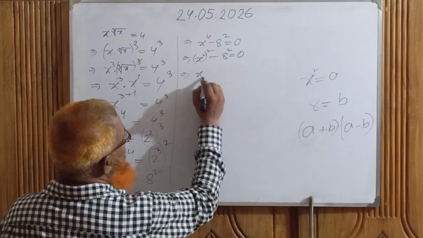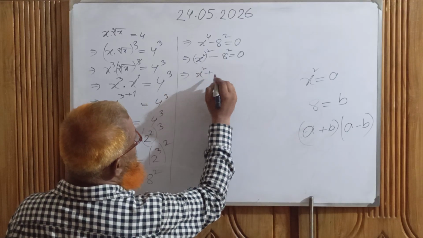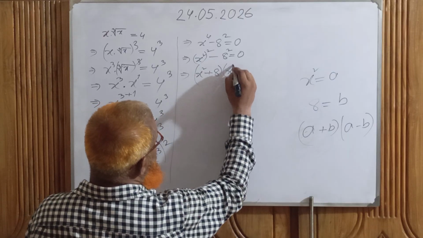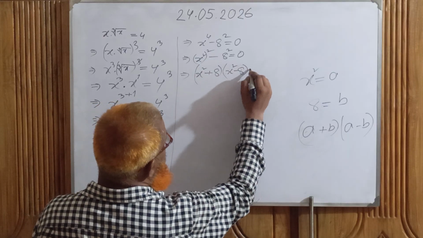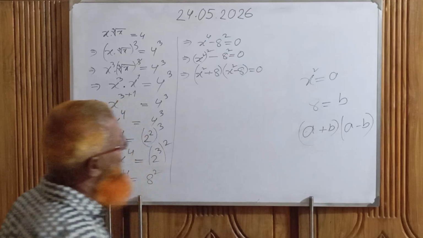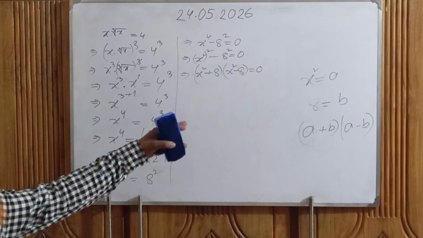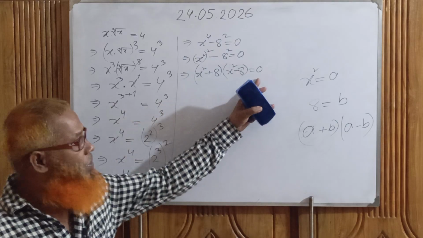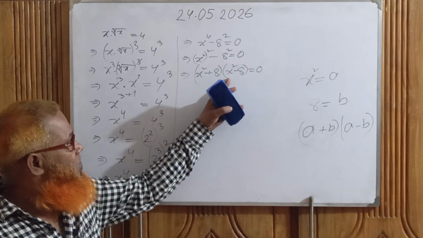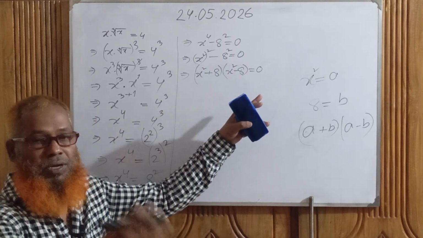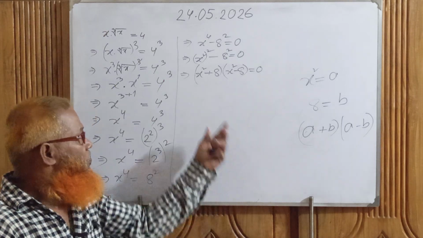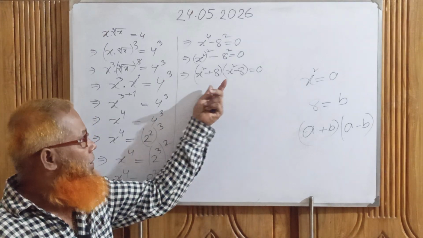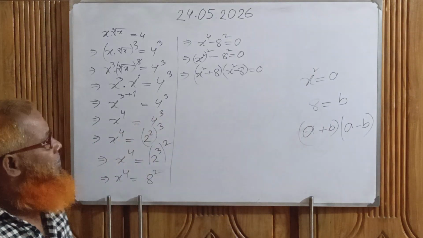So a plus b into a minus b equals 0. This gives x square plus 8 equals 0 or x square minus 8 equals 0. Both are equal to 0, so we write them separately.